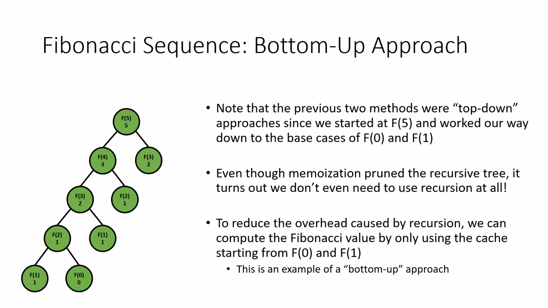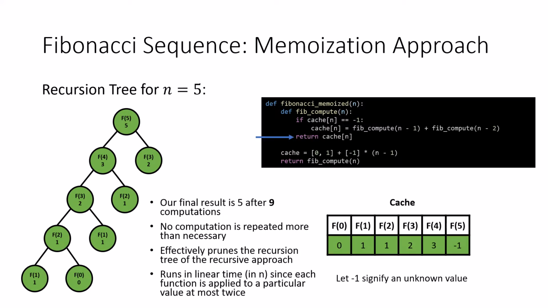Now, that was one way to do dynamic programming. There is a second way, which is to use a bottom-up approach. Both the recursive and the memoization approaches were technically top-down, right? What I mean by top-down is that there was some degree of recursion in there.